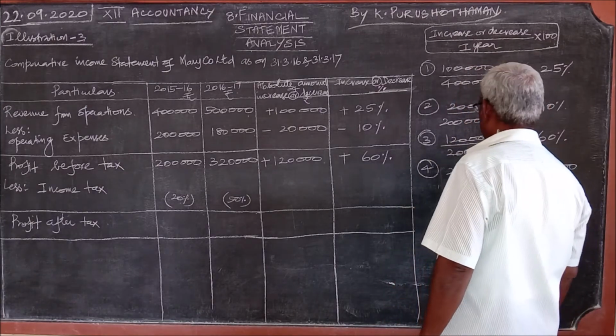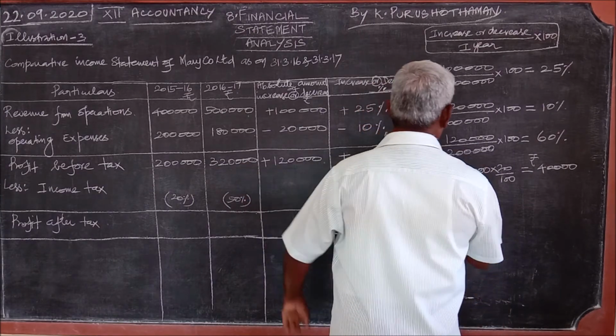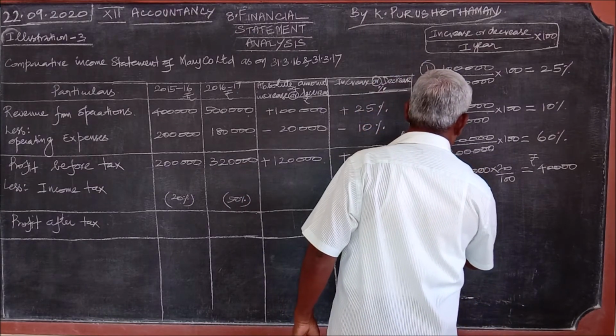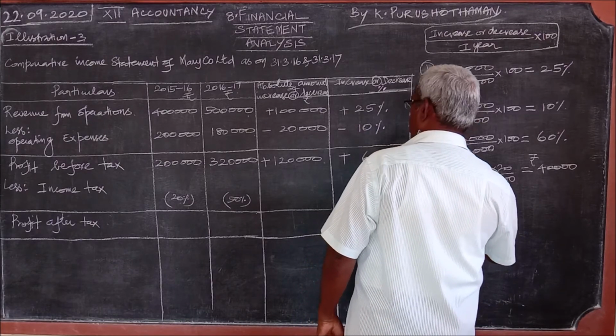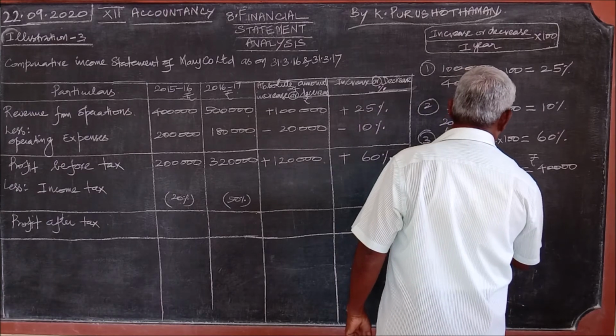Then for the second one, 3,20,000 into 50 by 100.